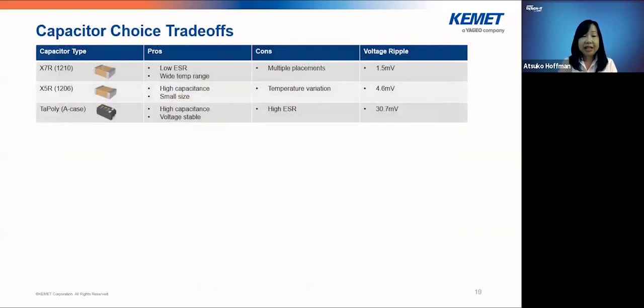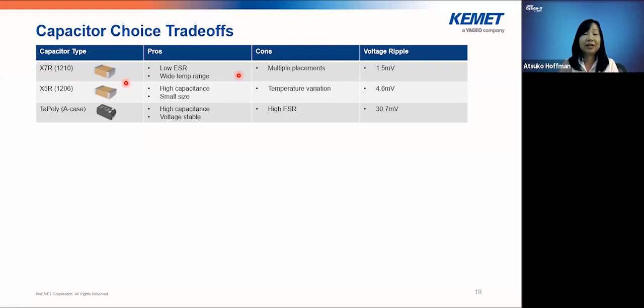And just like inductors, capacitors have trade-offs as well. Using 2 pieces of 22 microfarad X7R capacitors is a good solution. It's got low ESR. MLCC has the lowest ESR among different capacitor technologies, and it can operate in a wide temperature range.